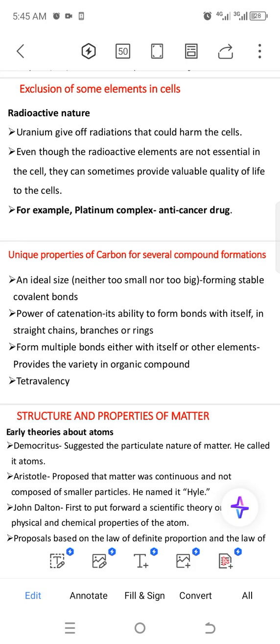Even though the radioactive elements are not essential in a cell, they can sometimes provide valuable qualities of life to the cell. Example, platinum complex is an anti-cancer drug. So we know that the radioactive elements are harmful to the cell, but sometimes some of them are helpful to the cells, like for example the platinum complex, which serves as an anti-cancer drug.